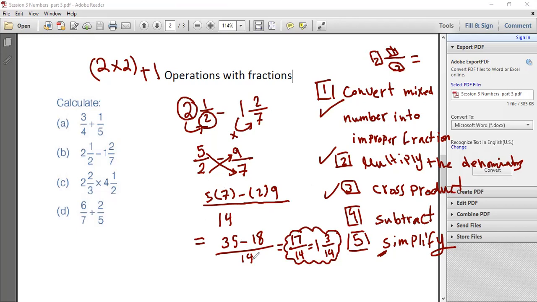How about multiplying? Is it difficult to multiply 2 fractions? In multiplying 2 fractions, you multiply the numerator by the numerator and the denominator by the denominator. First, you need to write this as a fraction.